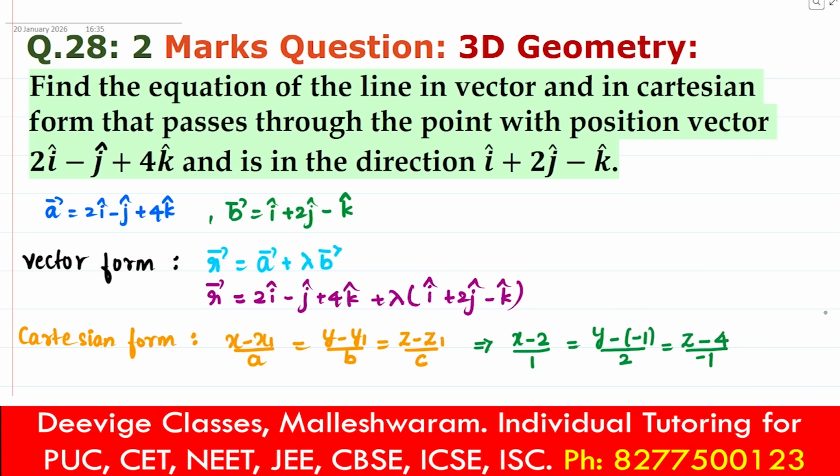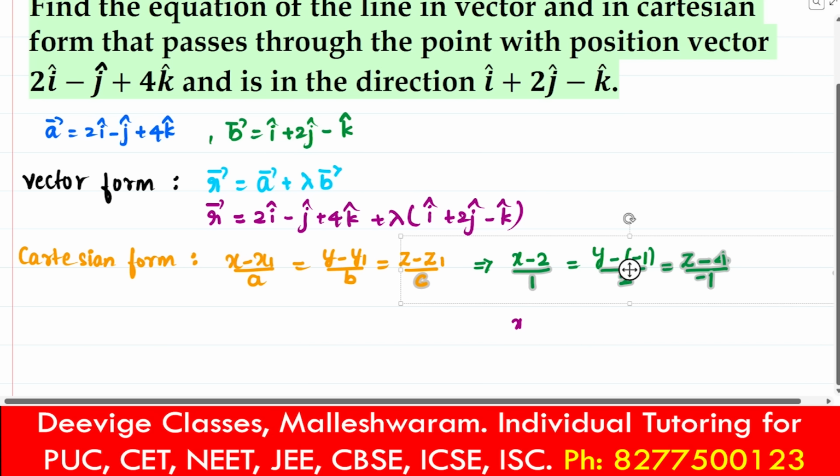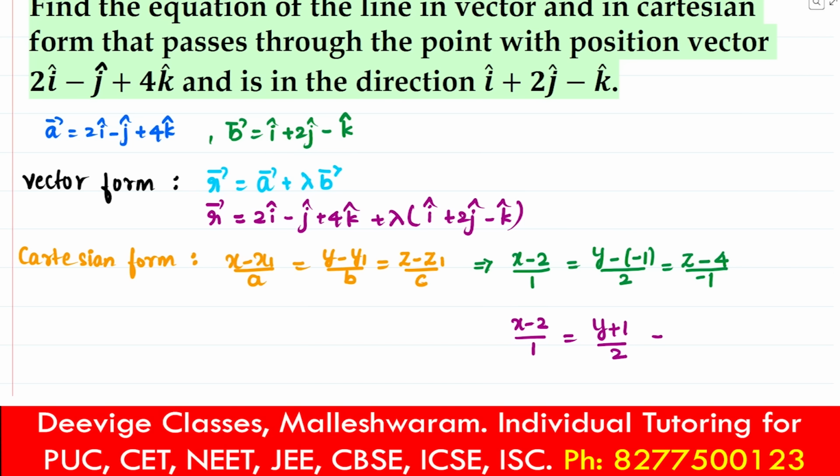So here minus into minus is plus. So (x minus 2)/1 = (y plus 1)/2 = (z minus 4)/minus 1 is the Cartesian form of the equation.